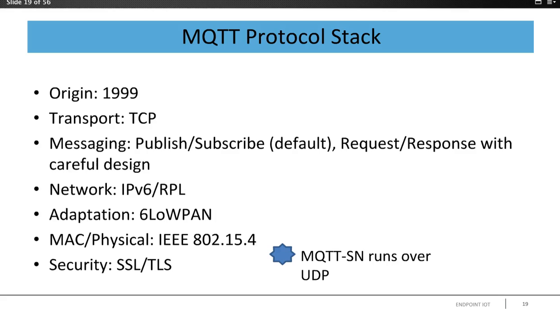MQTT was developed by a couple of guys from IBM who had to develop a solution to monitor an oil pipeline. So you can think of a sensor being put so many feet or yards in distance along a pipeline out in the middle of a desert somewhere. Those sensors are going to have to make calls or pings to let the application know that it's available, that section of pipeline is still there, it hasn't been cut, there's no problems.